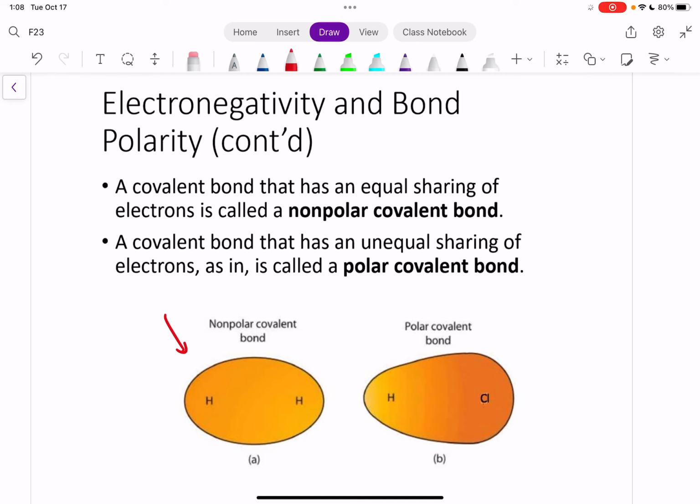So hydrogen is bonding with another hydrogen and they both want electrons the same. It's like they're splitting fries and they both were like, yeah, I want 5 fries. And the other person's like, so do I. And then they share equally. Which is different, right, from a polar covalent bond, where we're creating that difference in poles because chlorine wants electrons more. So it's going to pull them towards itself.